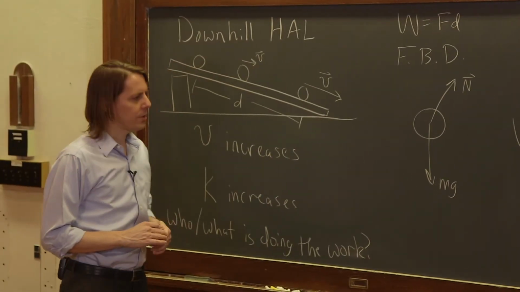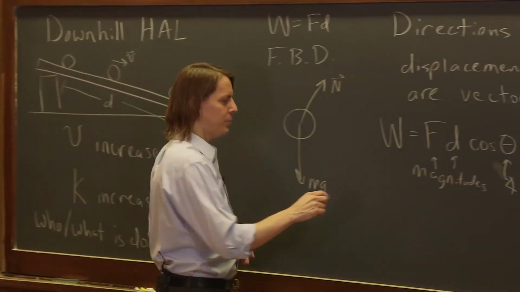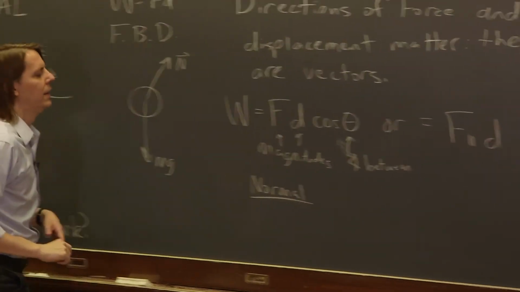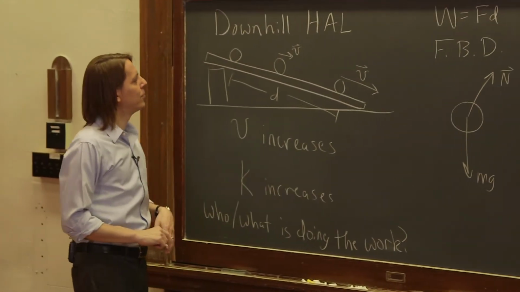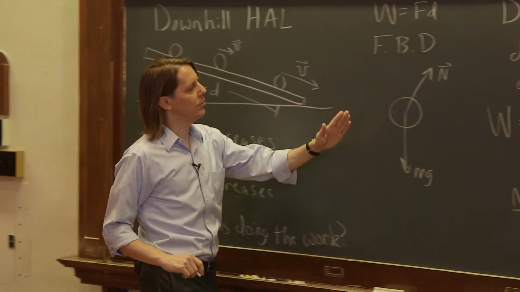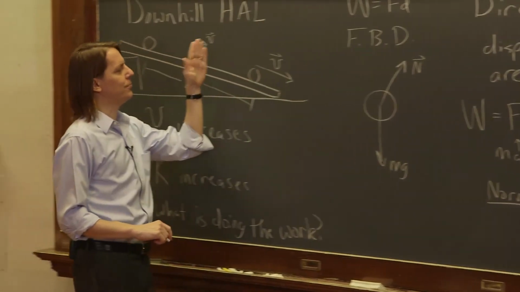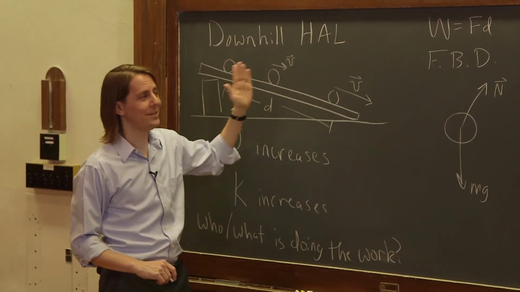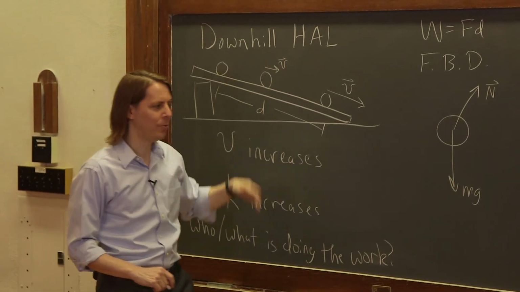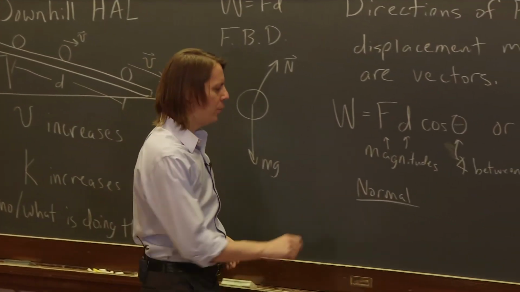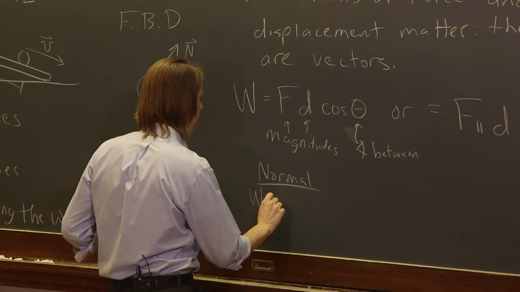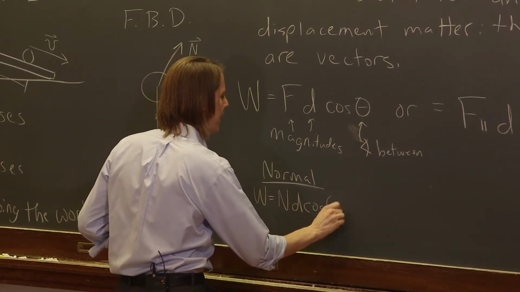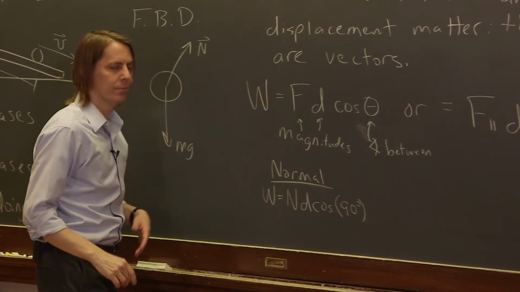Now we can look at them and figure out how much work each does. Let's look at the normal force. For the normal force, the direction is always perpendicular to the surface, but the motion is always along the surface. That's by definition what the normal force is. It always points normal to the surface, so the work is always going to be the normal force times the distance times the cosine, and that angle is always 90 degrees.